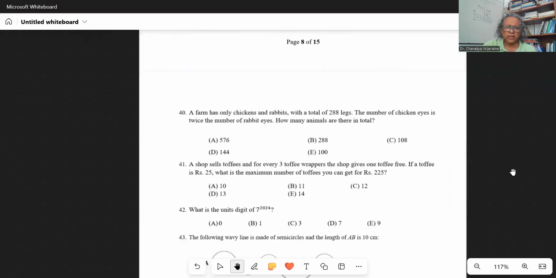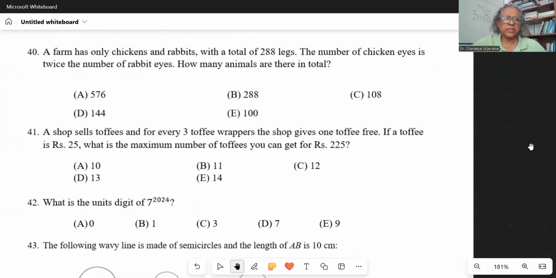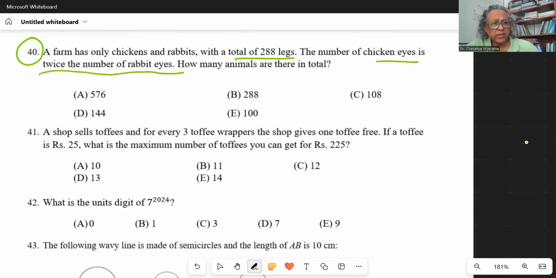Okay, finally, the last one. A farm has only chickens and rabbits with total number of legs 288. The number of chicken eyes is twice the number of rabbit eyes, right?